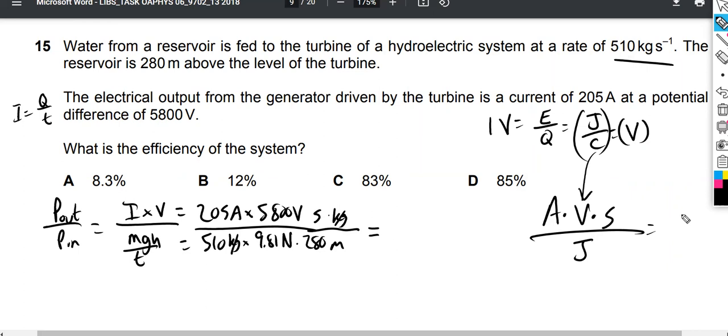So we have this volt here. I'm just going to erase it. It's a joule per coulomb. So joules cancel. So we have an amp second per coulomb. Remember that an amp, an intensity of current, is a coulomb per second.